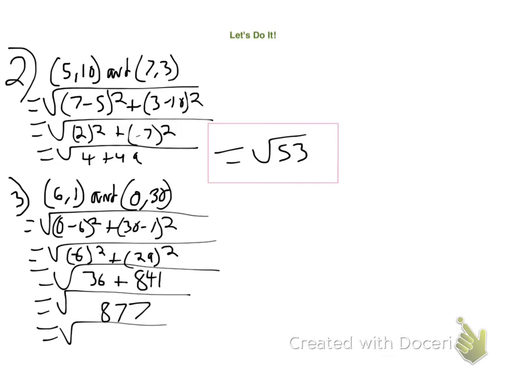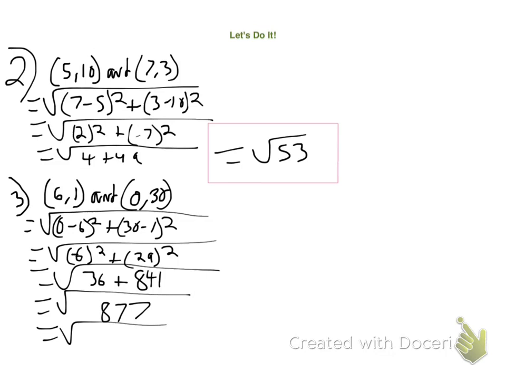The square root of 877. How about that? Can you take something out of the square root of 877? Probably not. Is 877 divisible by 16? I don't think it is. It's most definitely not by divisibility rules, because it's not divisible by 4, so it's not going to be divisible by 16.